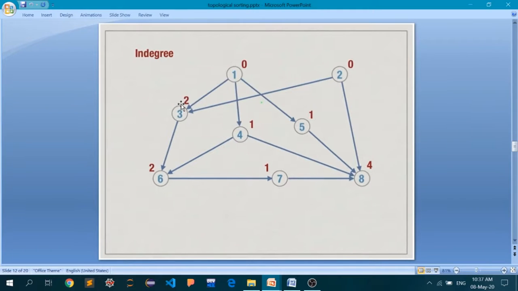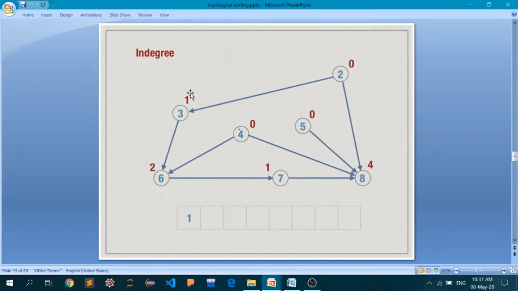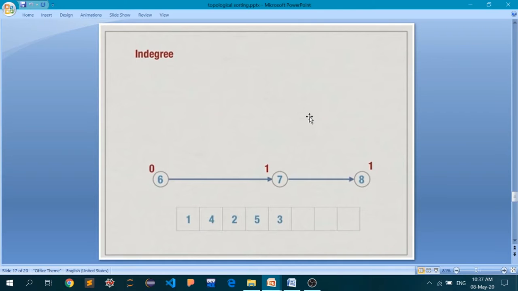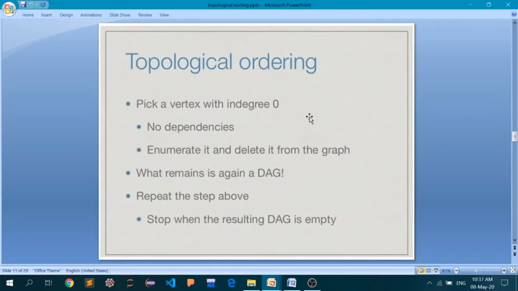So here the vertex 3 had an in-degree of 2, and at this point the in-degree is equal to 1. So that 1 that has been subtracted from the in-degree of 3 amounts to the one vertex that is here, and it has a valid edge from this particular vertex to this particular vertex. So this is what has been happening here. If you find yourself confused while I am telling you all this, just recall these past 6 to 7 slides.